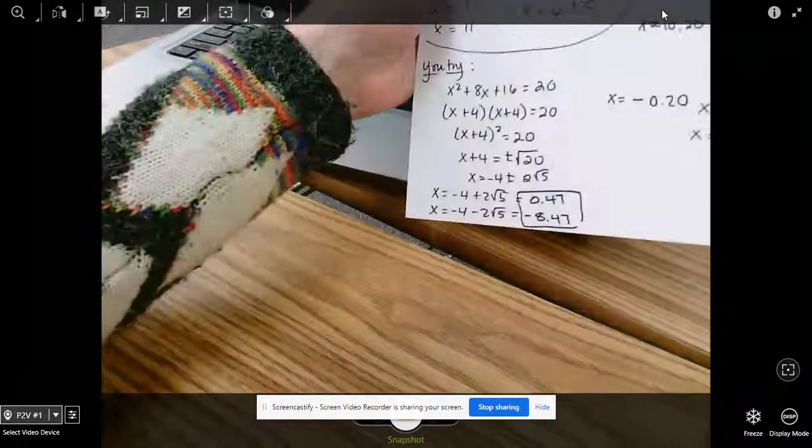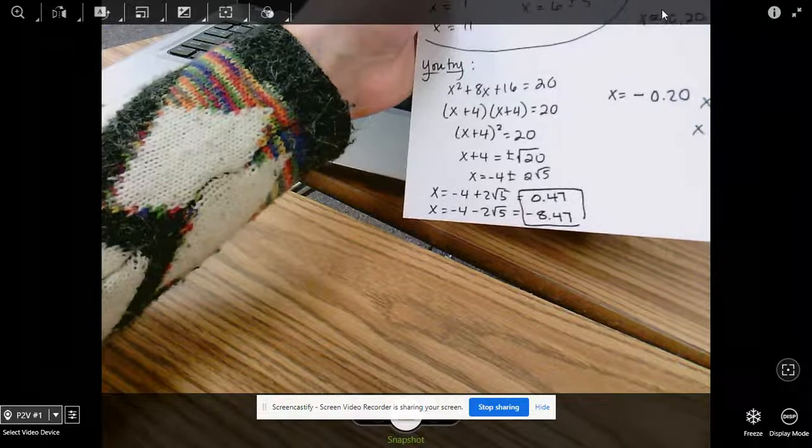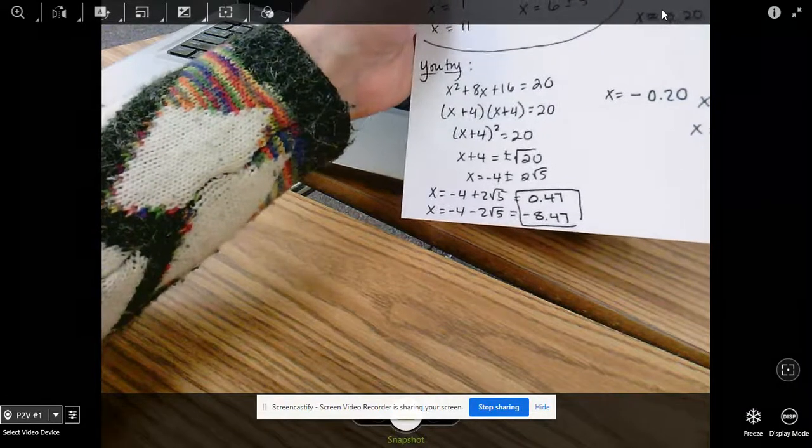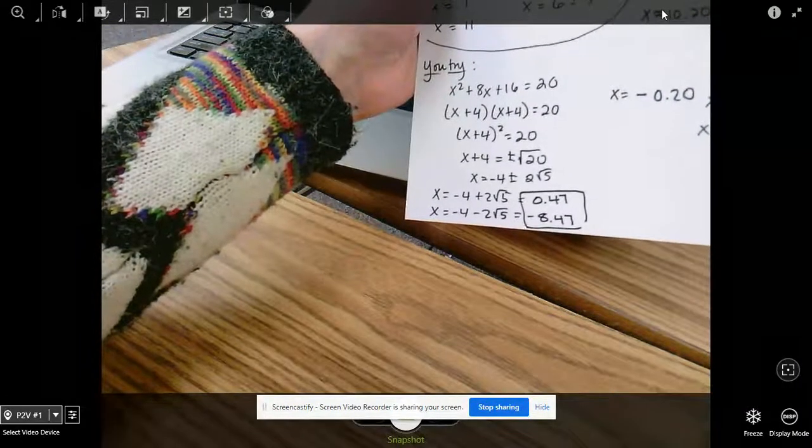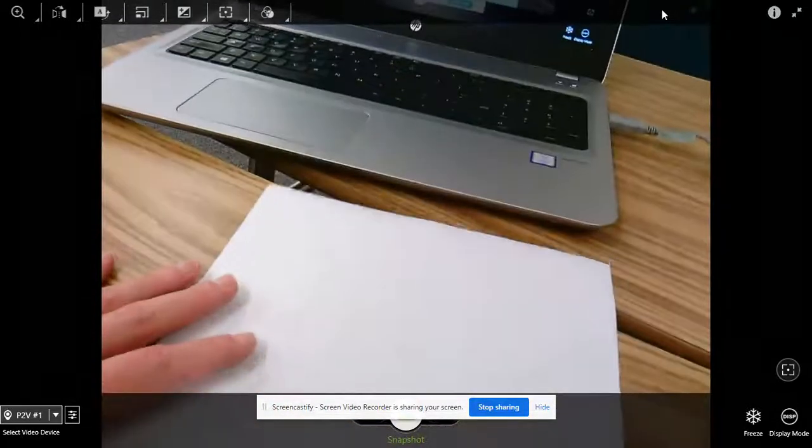Okay, so your answer should be 0.47 and negative 8.47.